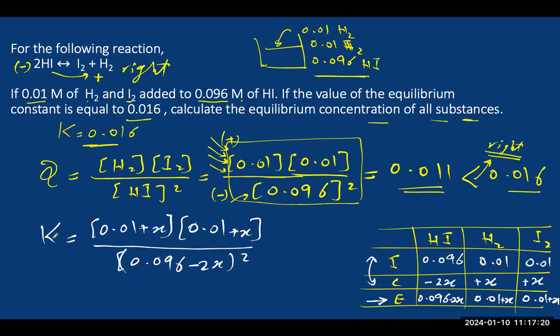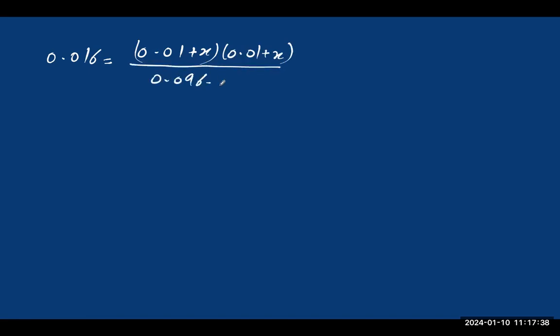Now we put the value for K and solve this equation. So we have 0.016 equal to 0.01 plus x times 0.01 plus x over 0.096 minus 2x to the power of 2. Because the brackets are the same, I will just write the bracket once and put the exponent 2.